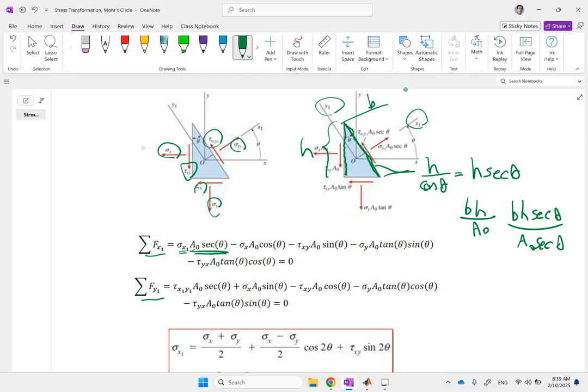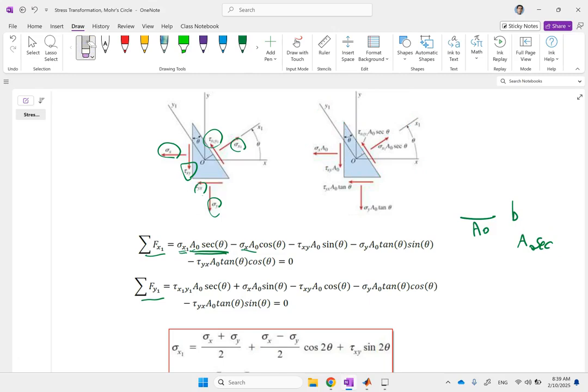Now, sigma x is going to be multiplied by A naught, but not all of that force is in the x1 direction, right? If I go back and look at it again, you can see that the force coming from this element, you have to decompose along this direction, and this angle is theta, so only the cosine component of that, in the negative direction, is going to be there.